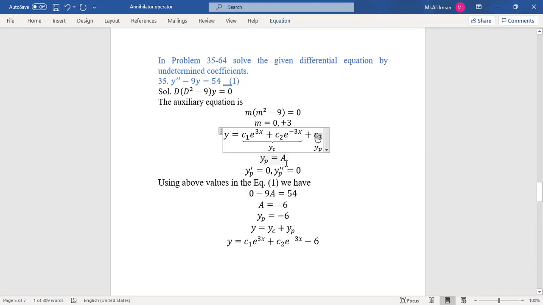So yp will be equal to minus 6, and the complete solution will be y is equal to yc plus yp, which is y is equal to c1 e power 3x plus c2 e power minus 3x minus 6. So students, in this question we have found the solution of the non-homogeneous equation with the help of the annihilator operator.